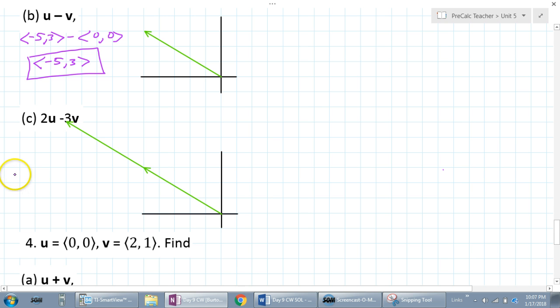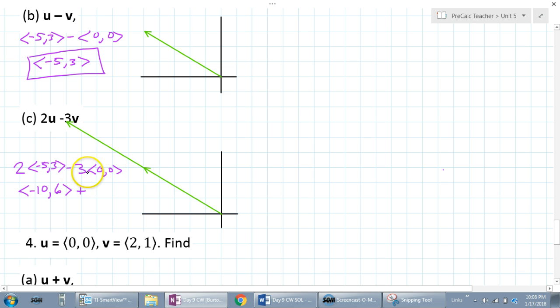And algebraically, if I do 2u, that's 2 times negative 5, 3 minus 3v. Multiplying the first vector by 2, that's going to give me negative 10, 6.